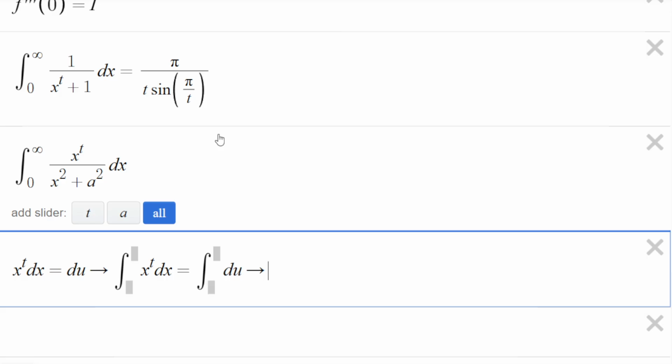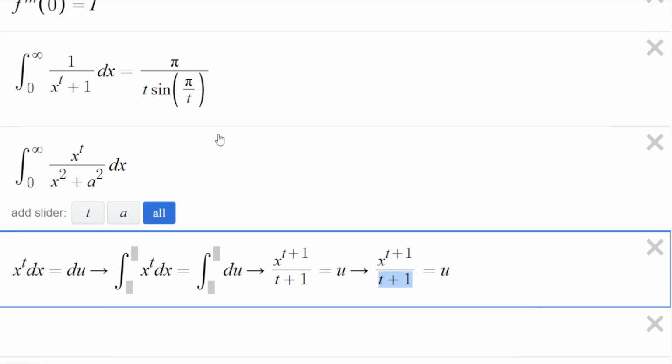If we integrate x to the t dx, we're going to get x to the t plus 1 over t plus 1, which is equal to u. Let's figure out what our x is in terms of u. So I'll just copy this. That's equal to u.